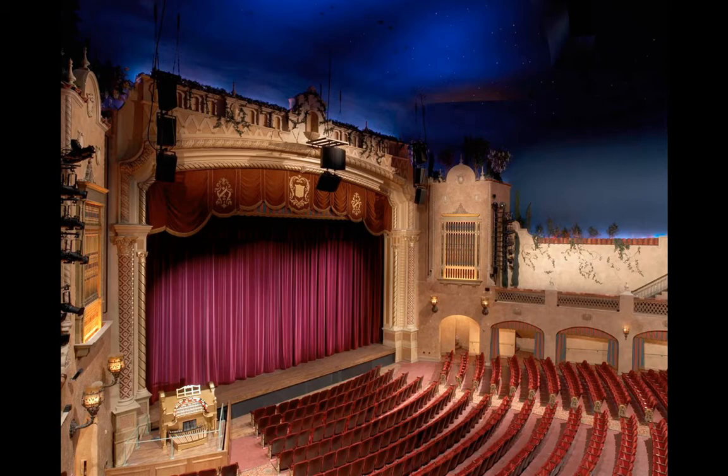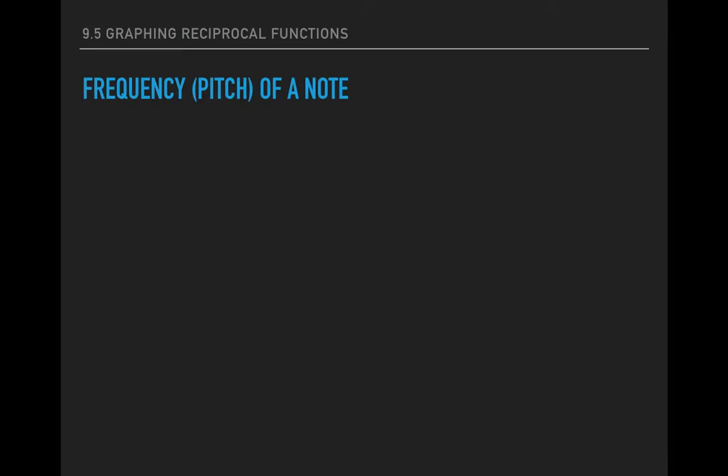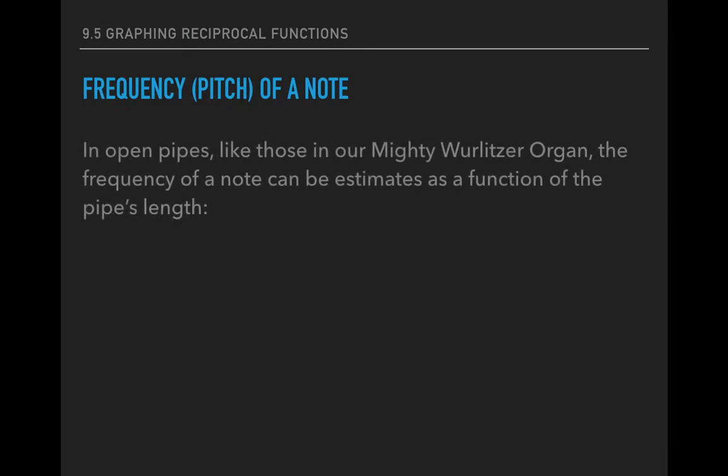And I bring all this up because of the way that organs work: air is pushed through a series of pipes, and notes are the result. And to figure out that note, that frequency, like the ones that you would hear from our organ in the Plaza Theater, it is estimated as a function of the pipe's length, and it is in fact a reciprocal function.